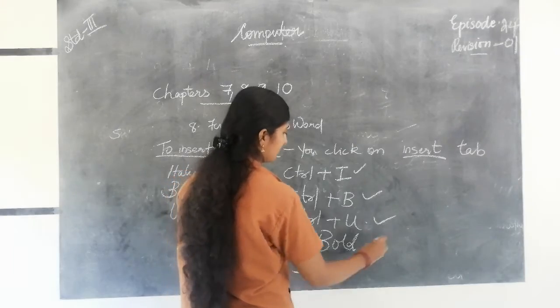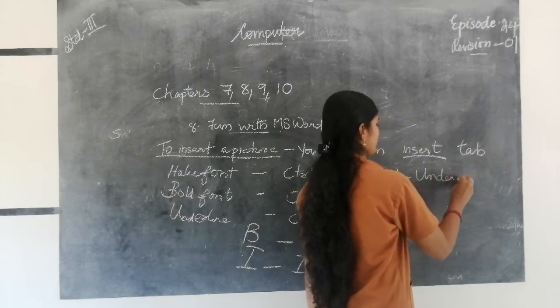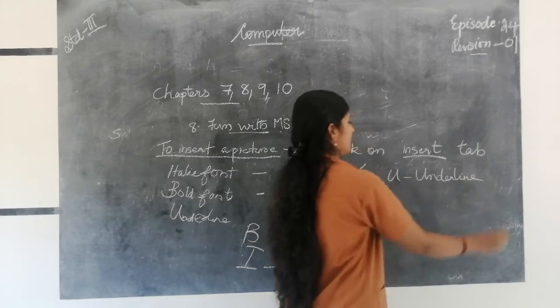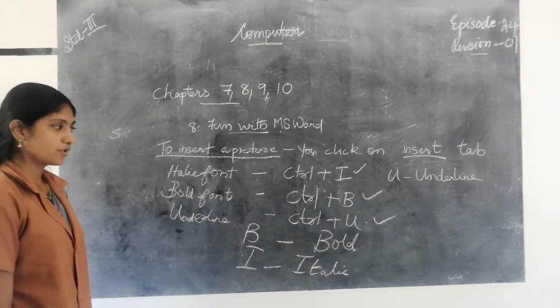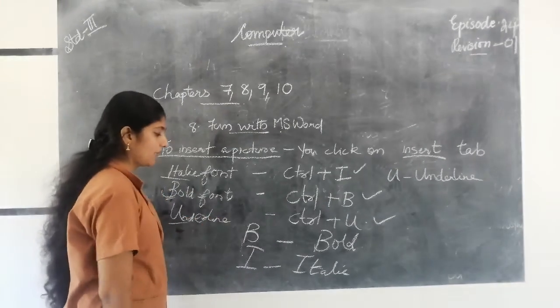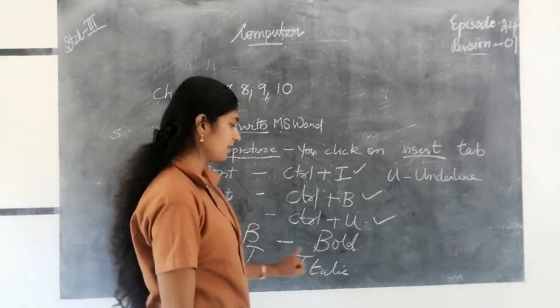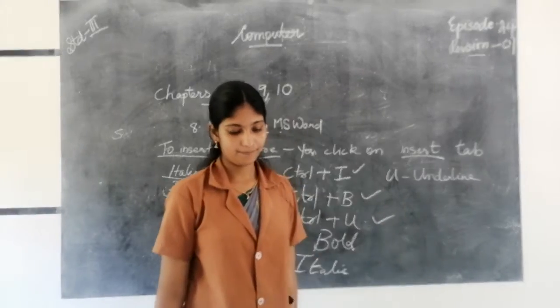Then U represents underline. So here are the shortcut keys: Control plus I, Control plus B, Control plus U. I italic, B bold, U underline.